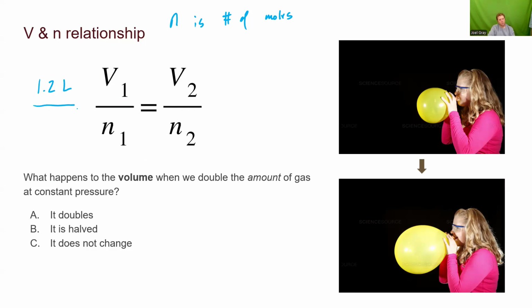And then let's say that we have 0.8 moles of a gas. And we're going to set that equal to the equation where we are trying to figure out the volume. We don't know what our volume is, but we're going to double the amount of our gas. We're going to double it to 1.6 moles. So 0.8 times 2 is 1.6. So we've gone from 0.8 moles of gas to 1.6 moles of gas.